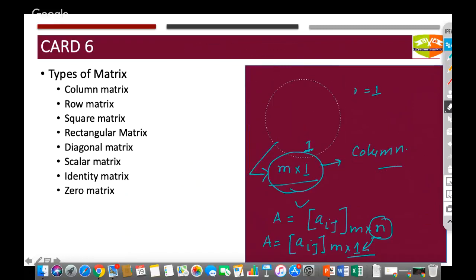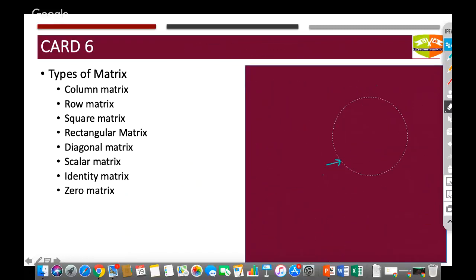Now let me move to row matrix. In case of row matrix, you might have understood by the name itself, a row matrix is something where you have only one row.